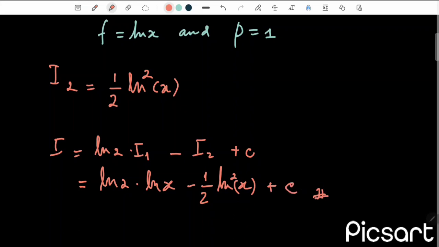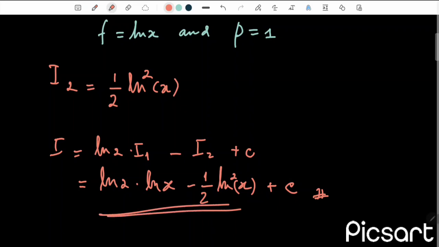This is the solution for our integral problem. Okay, we can write this using the property of logarithms, but for now we will only stop here.